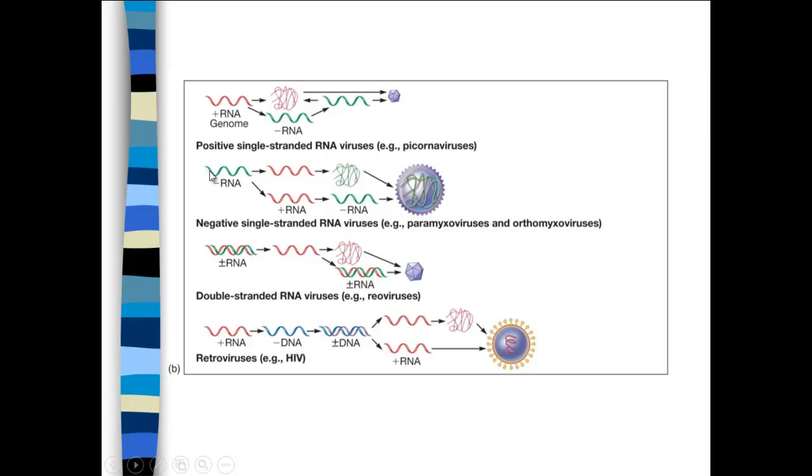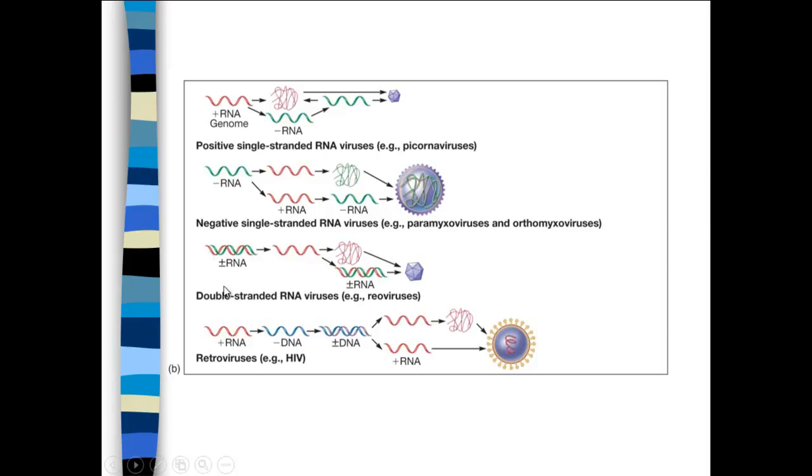Okay. Negative strand RNA viruses can be converted into positive sense RNA. They then can go into the genome, or they can become negative sense RNA where they're packaged into an encapsulated virus.